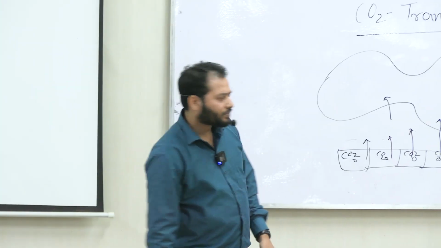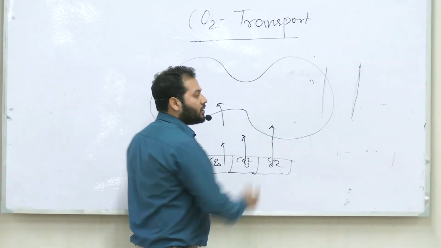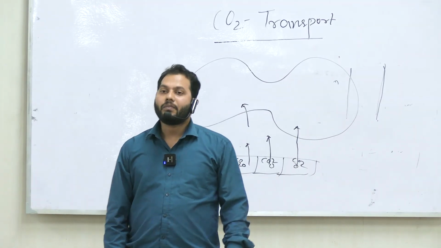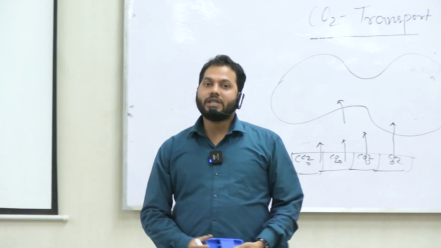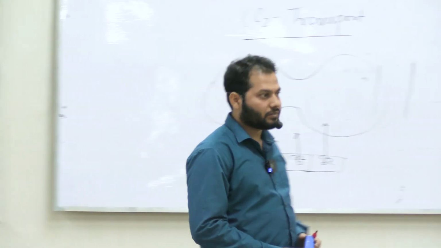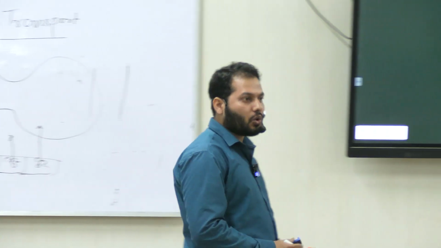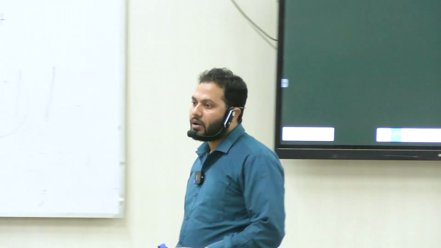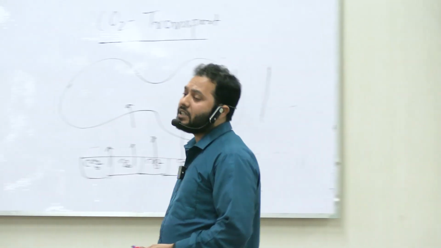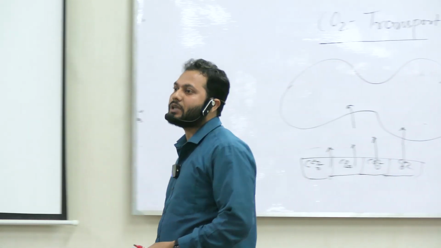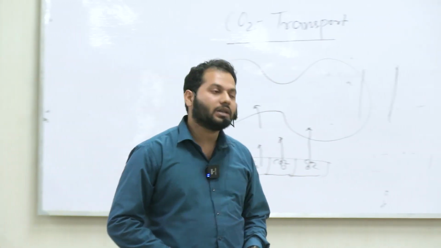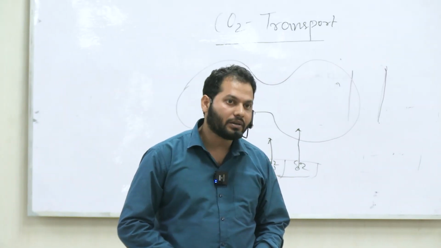So here, the RBC contains a special enzyme, and most of us know the role of enzymes. Enzymes accelerate biochemical reactions. Enzymes are very specific. Enzymes are protein in nature, right? Here, the most important enzyme present in the RBC is carbonic anhydrase, right?